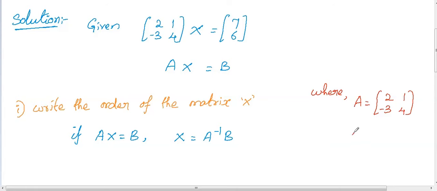Find the A inverse for this. So how to find the A inverse?